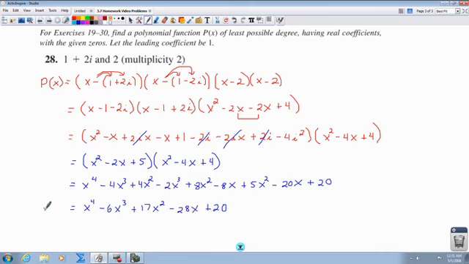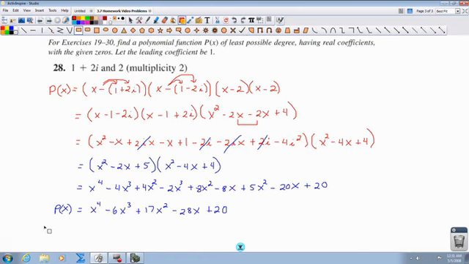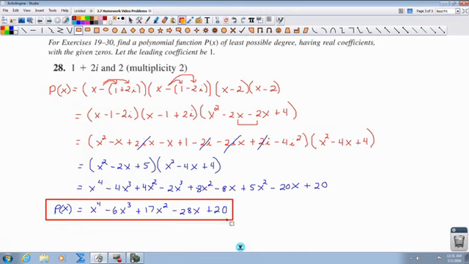I'm going to bring down p of x on this side. I'm going to get my boxing tool here because we just found p of x. And we got it done.